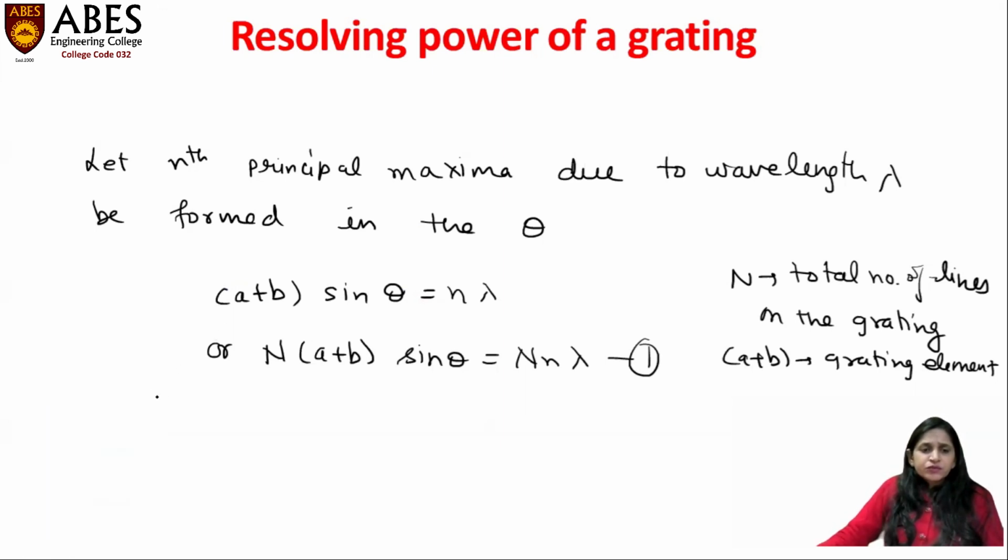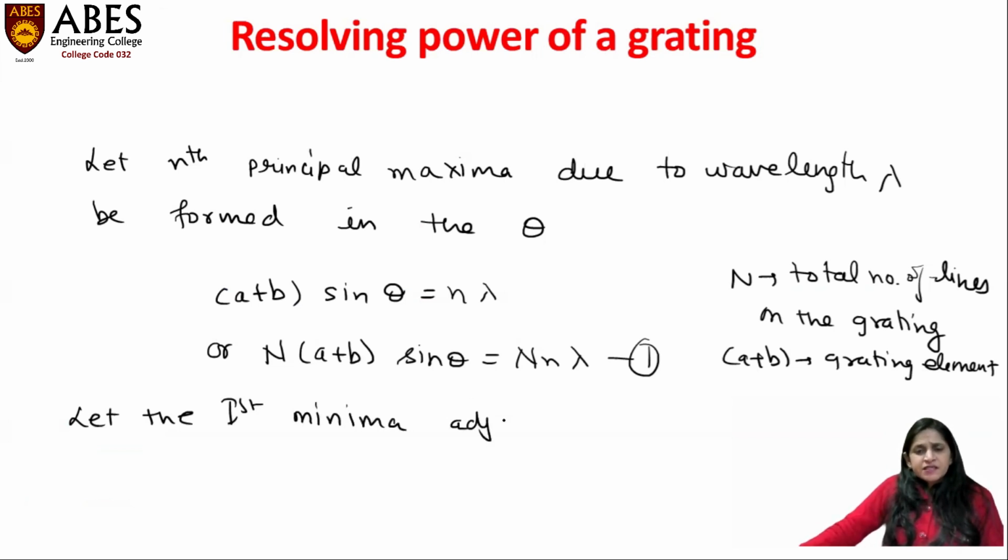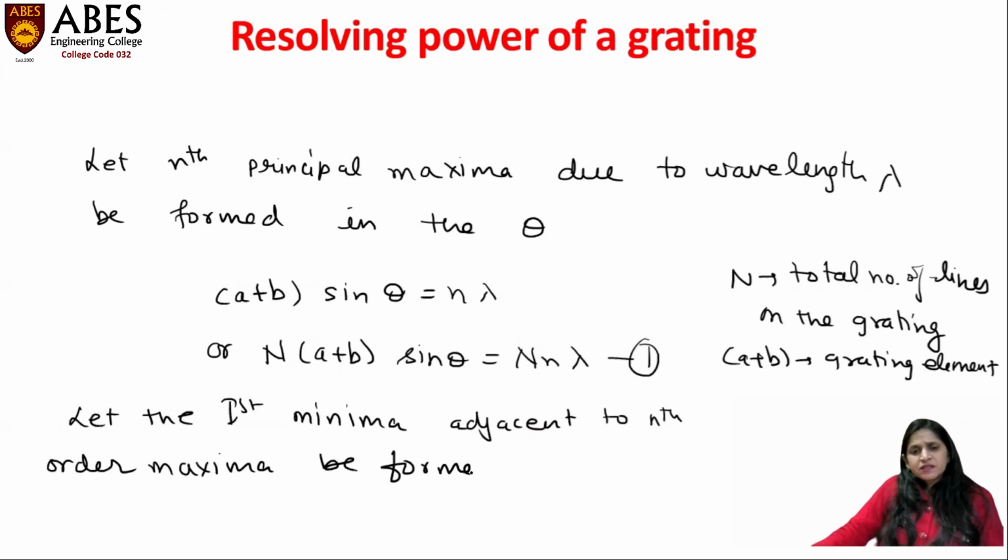So let the first minima adjacent to the nth order maxima be formed in the direction theta plus d theta. Then from the grating equation, what will be the direction of minima?